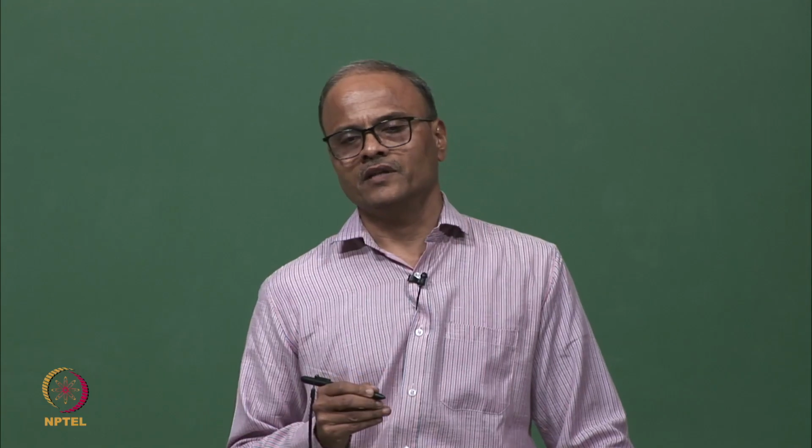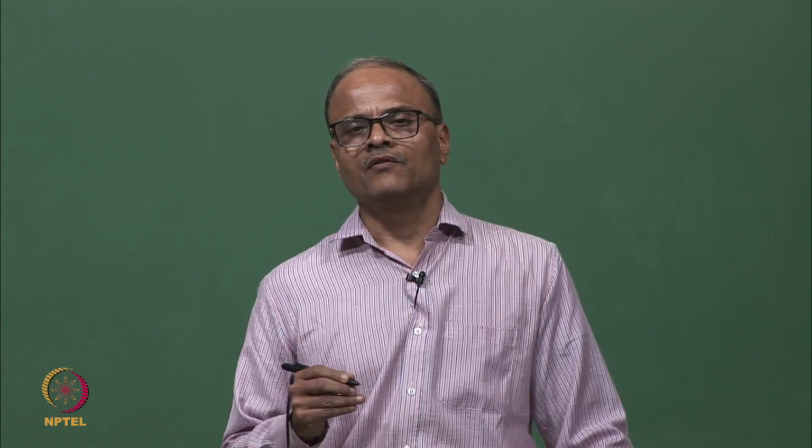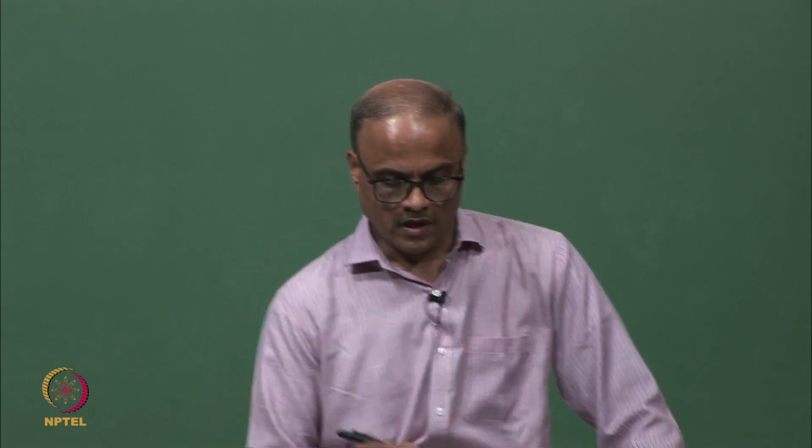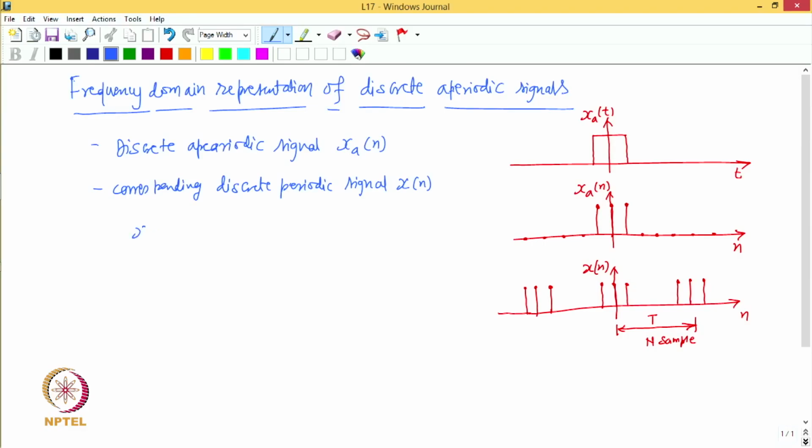Then in the limit, x[n], the discrete periodic signal, will become the discrete aperiodic signal xa[n], and therefore we can say that xa[n] is nothing but the limit of x[n] when N tends to infinity. This is how we can define the aperiodic signal as the limit of the discrete periodic signal when the time period of the signal tends to infinity.